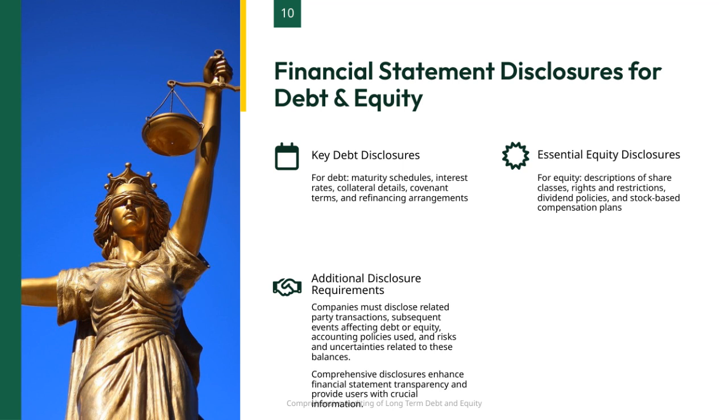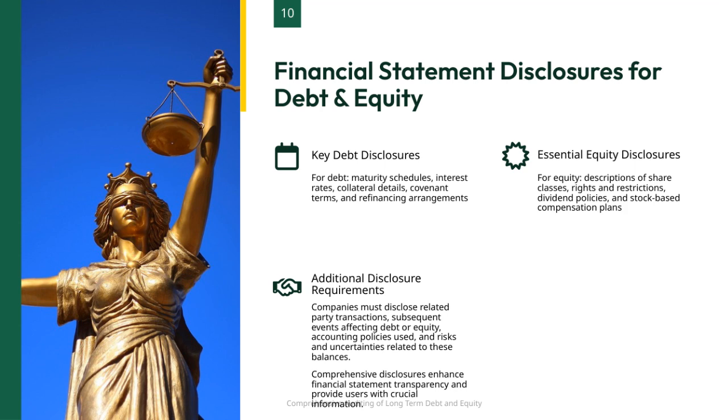On the equity side, disclosures should include descriptions of the different share classes, along with any associated rights and restrictions. It's also essential to explain dividend policies and any stock-based compensation plans, as these impact shareholders and the overall equity structure.